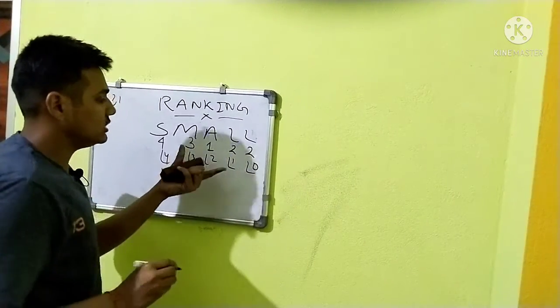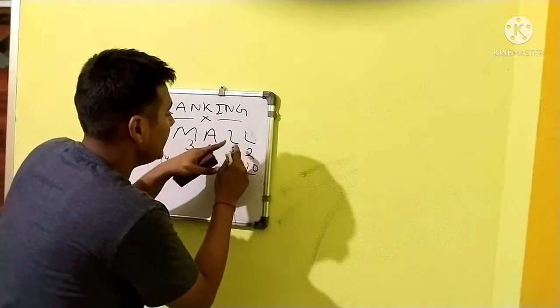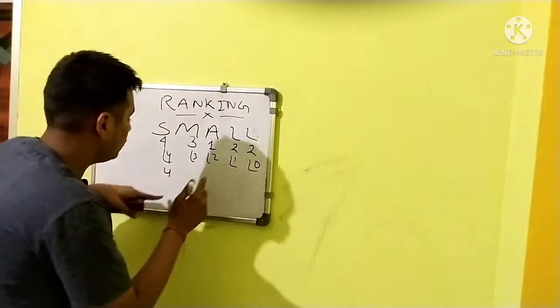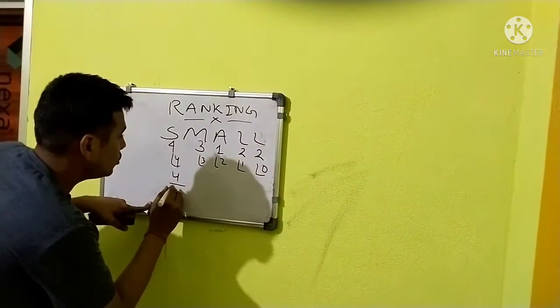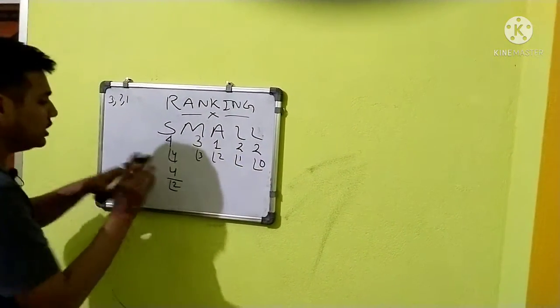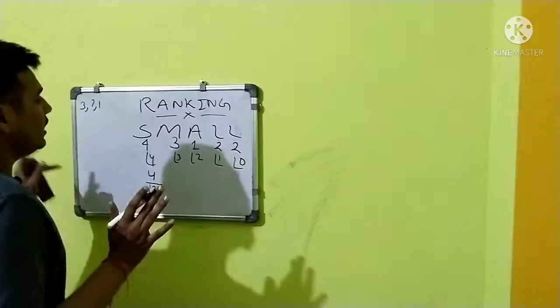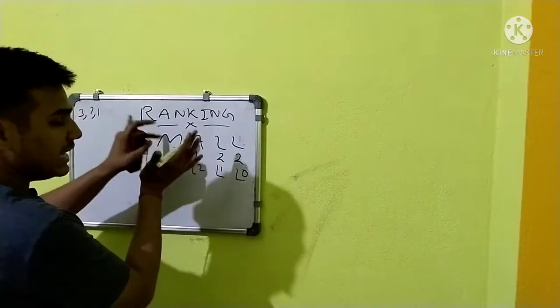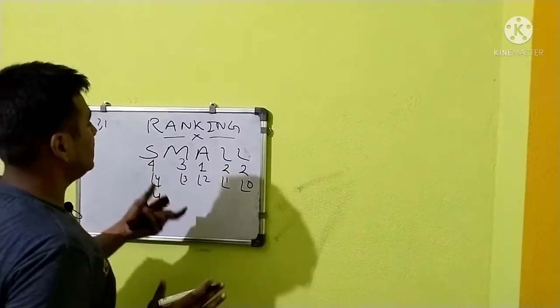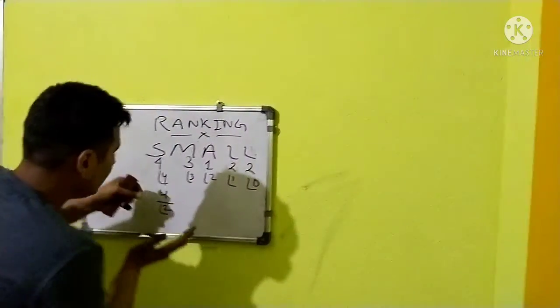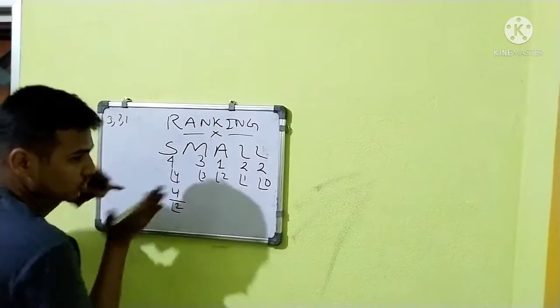But what you should see there is that L is repeated twice. So you will have to divide it by 2 factorial. This is not a new thing. We have all studied from the earlier concept in permutation: if there are n items, out of which some items are repeated, then we have to divide in the denominator.